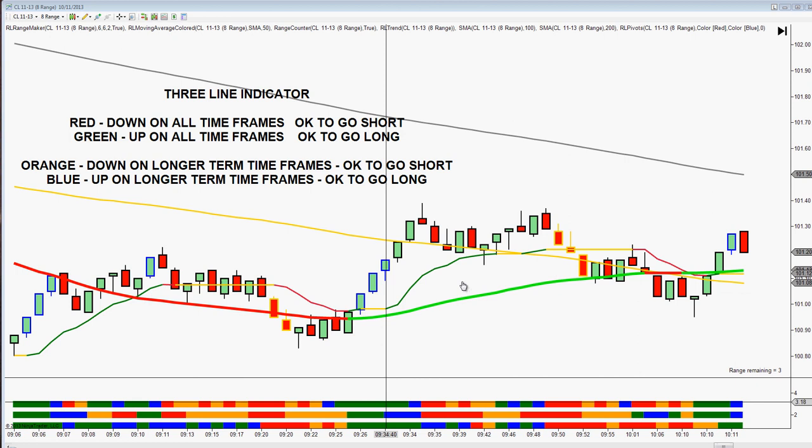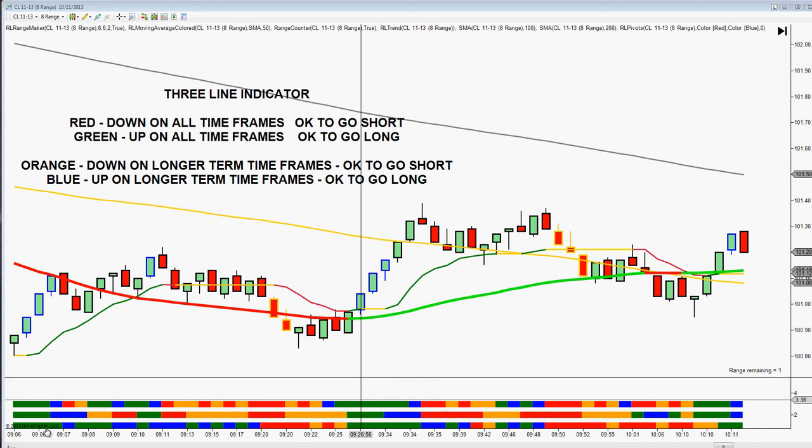Now, just to make this system even simpler, when the 3-line indicator is all green or all red, it indicates such on the paint bars.